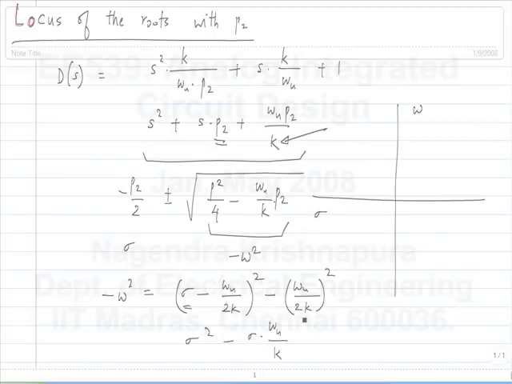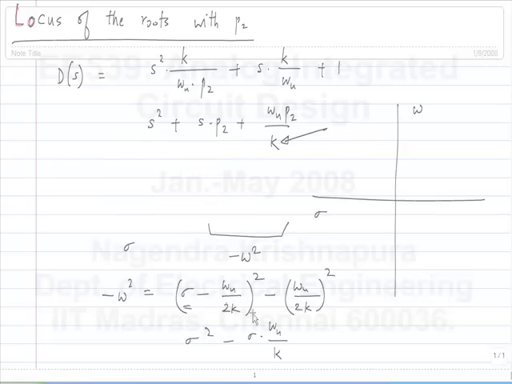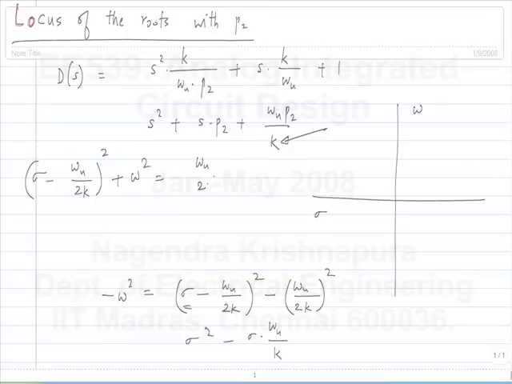So the locus will be described by sigma minus omega u by 2k, square, plus omega square equals omega u by 2k square.